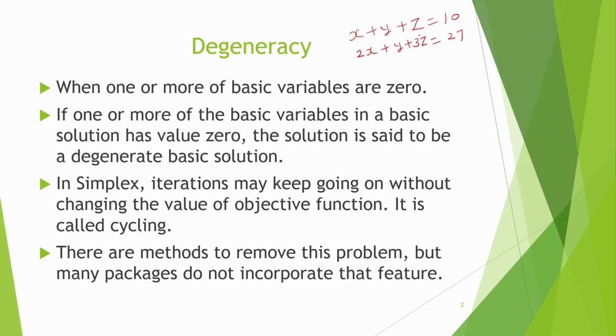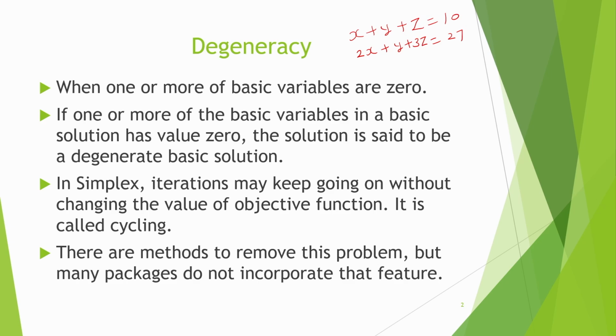Suppose you put some value of, let us say, z, and then solve for the remaining: x plus y is equal to 10 minus z, 2x plus y is equal to 27 minus 3z. If you solve that, you will get some solution. So by putting different values of z, you can get different values of x and y.